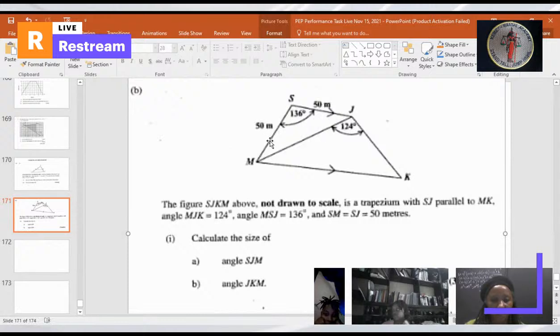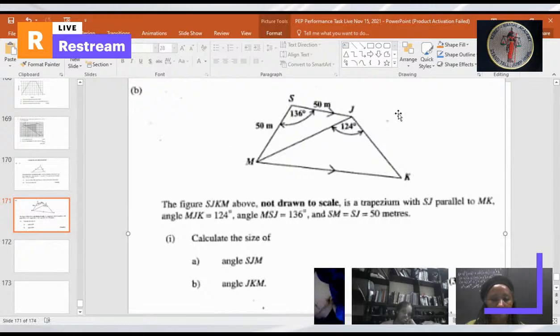So how are we going to find this angle? Miss, we would use one of the trig ratios. No, trig ratios apply to right angles. This is isosceles and it's not a right isosceles. How are we going to find this angle?